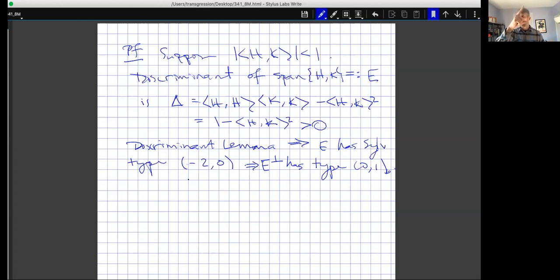That normal with type 0, 1 necessarily intersects the hyperbolic plane. And where does it do so? In the point of intersection of the geodesics.